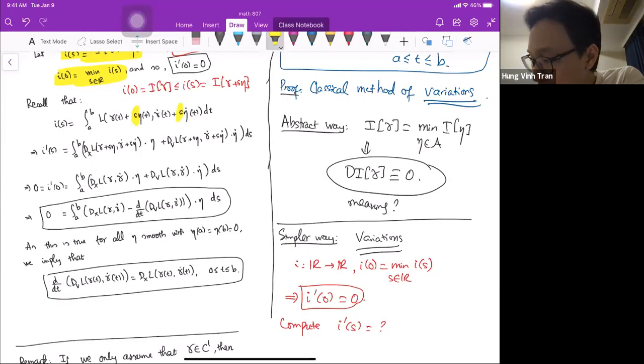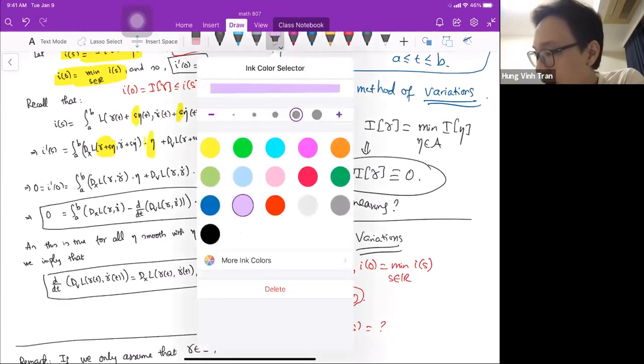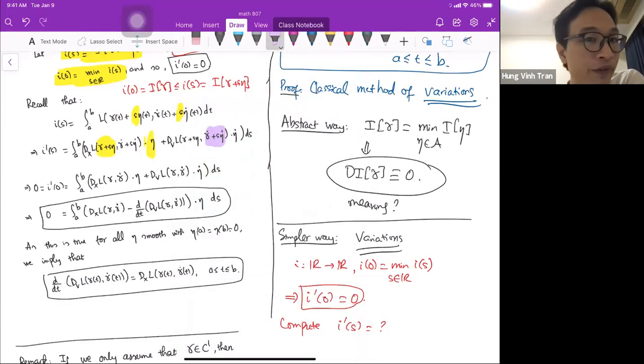When you differentiate in the first slot, you have d_x of L multiplied with eta. And when you differentiate in the v slot, you have d_v of L multiplied with the derivative of s eta in s, so you have eta dot.